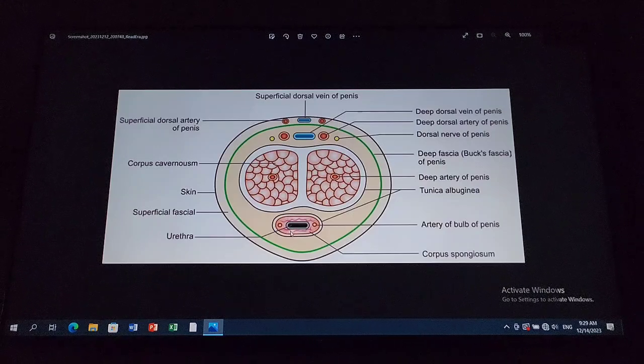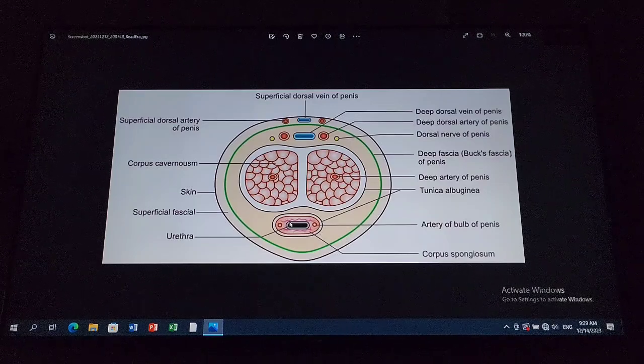So the corpora cavernosa and the corpus spongiosa are both lined by a tunica albuginea layer, but these layers are separated. Why? To permit enough distension of the urethra during the passage of urine. This is important.